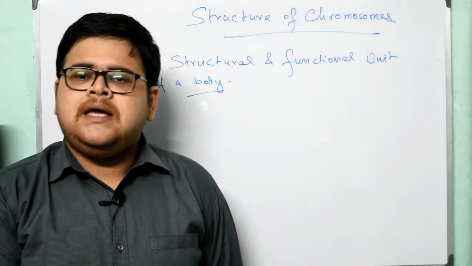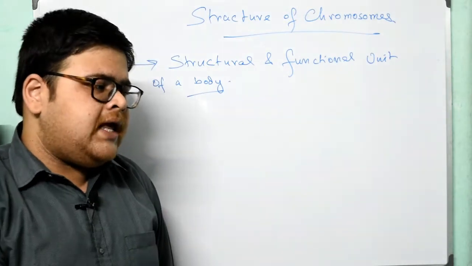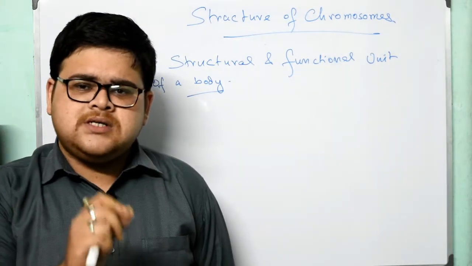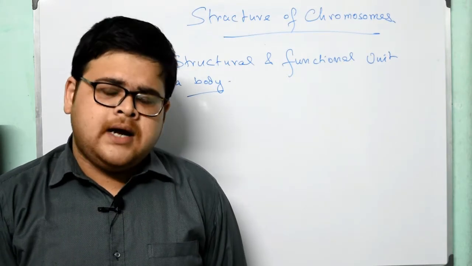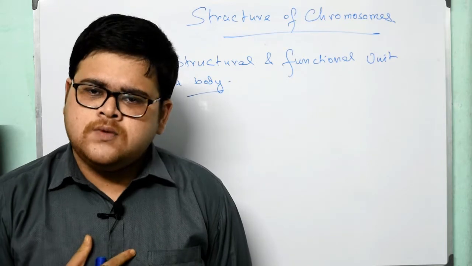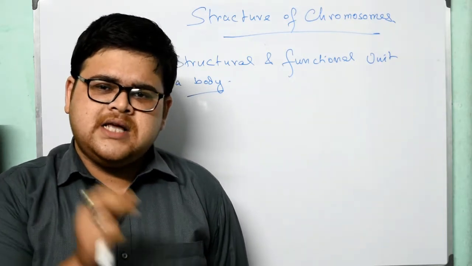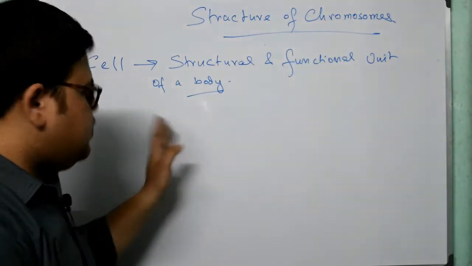That is why in class 9, while studying the cell, we learned that like our organs work, we call cell organs cell organelles. So the cell is the structural and functional unit of the body.